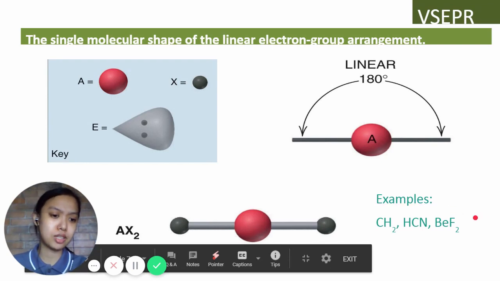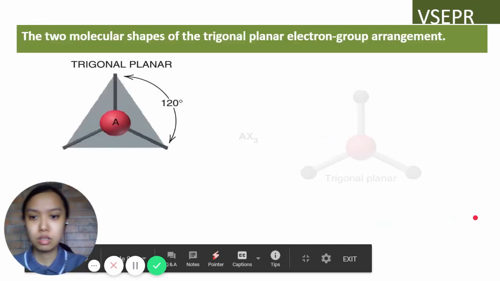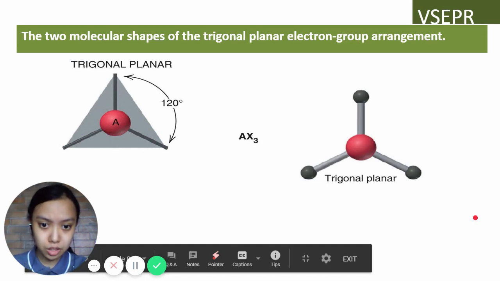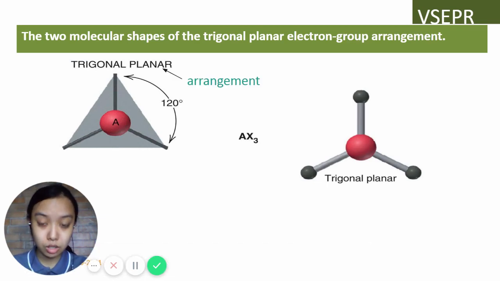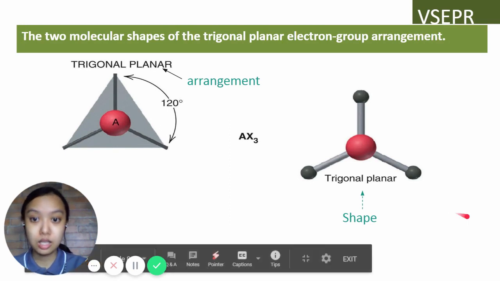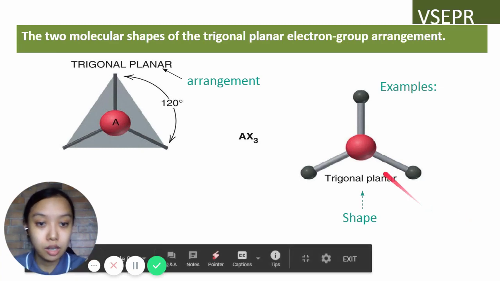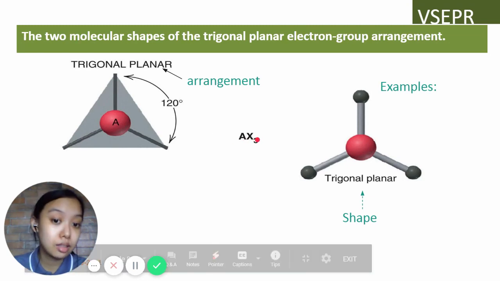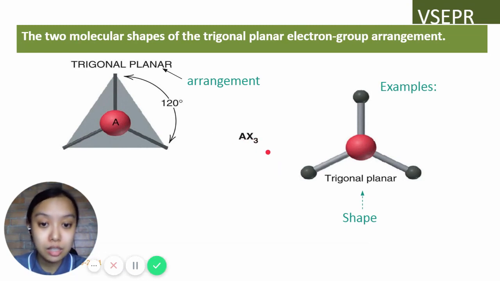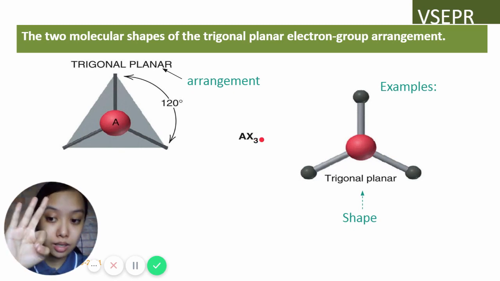These are some compounds with this example. So we have trigonal planar. This is the term for the arrangement, and at the same time, this is also a way to describe the shape. The configuration is AX3. In the X, you can see that there's a subscript 3.